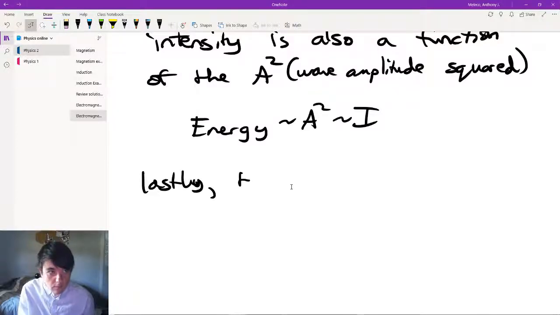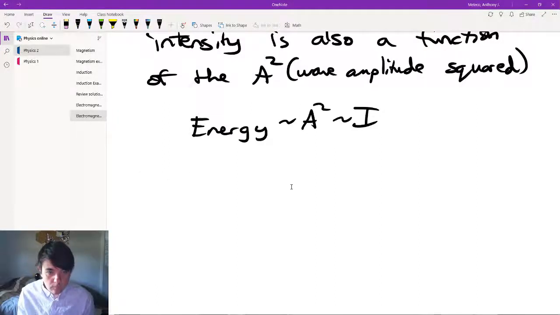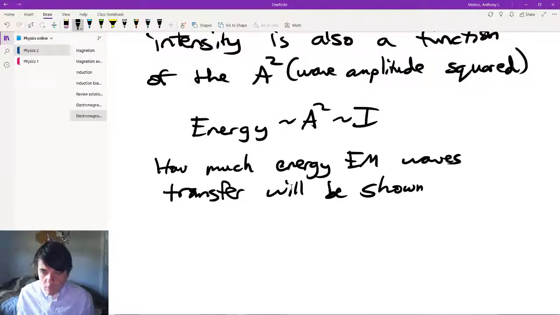Lastly, we'll talk about energy as it explicitly relates to E&M waves in a little bit. How much energy will be shown later in this lecture.